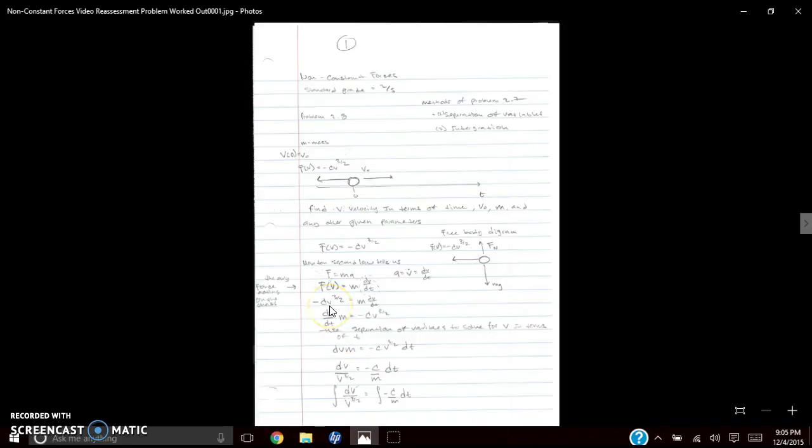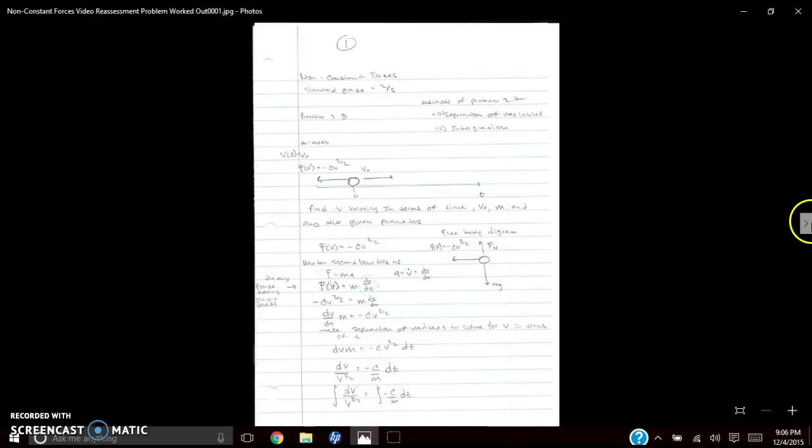I multiply both sides by dt, and I move my v terms over to get them together with dv. We want to get like terms together, that's part of the separation of variables technique. Then I integrate. I'm trying to get v in terms of t, and just like the problem asked in the beginning, I'm trying to find velocity in terms of t.